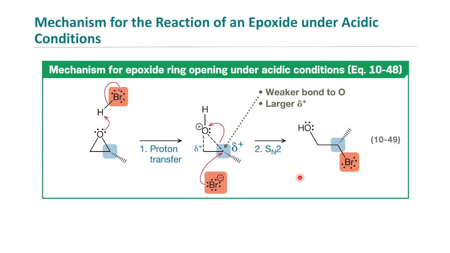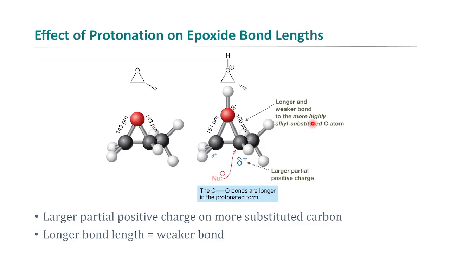Note that we don't actually have to do any more proton transfer steps because we had been doing everything acidic. And so when we break this bond, it doesn't get a negative charge. It goes from a positive charge over here to a neutral. And so we're actually at the stable state right there. So let's go ahead and look at some of the effects of protonation on that epoxide bond lengths.